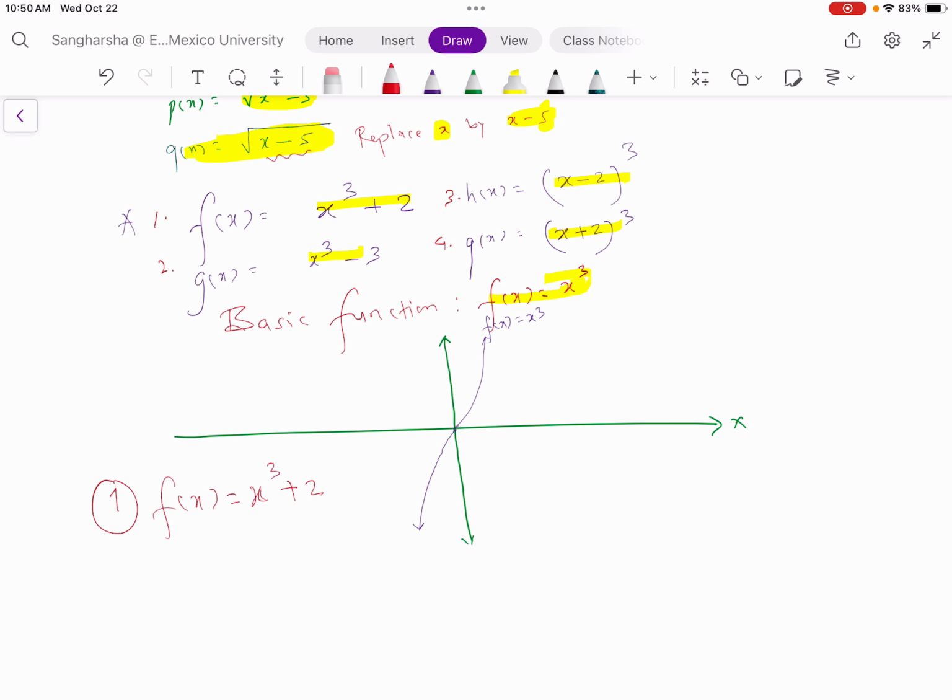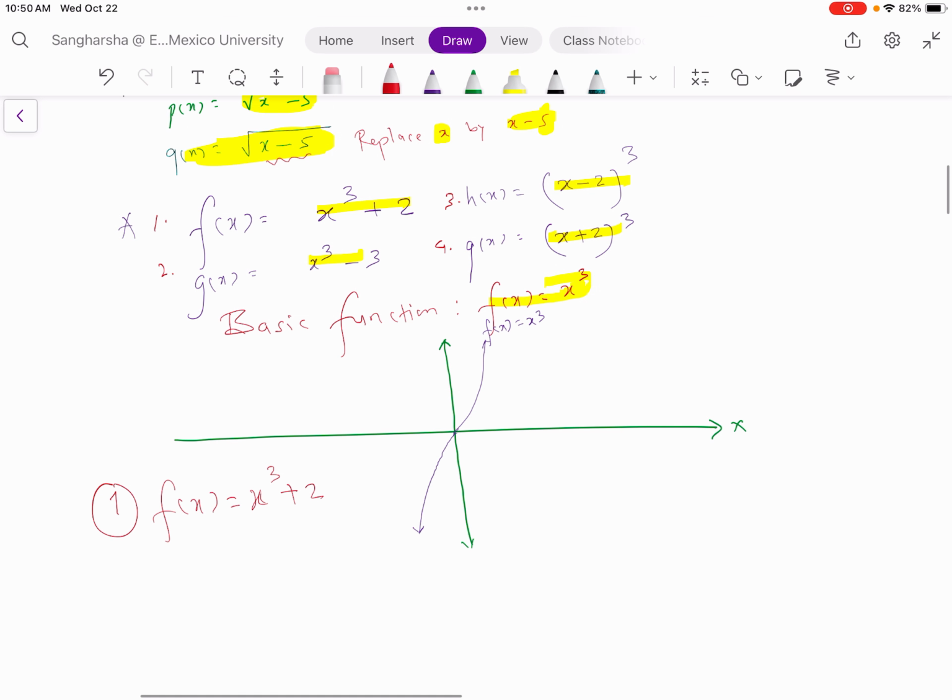From x cube, in order to get x cube plus 2, what do we have to do? Do we add, subtract, or replace? Add what number? 2. Adding 2 means what do we do to the graph? We move this graph vertically up by 2 units.